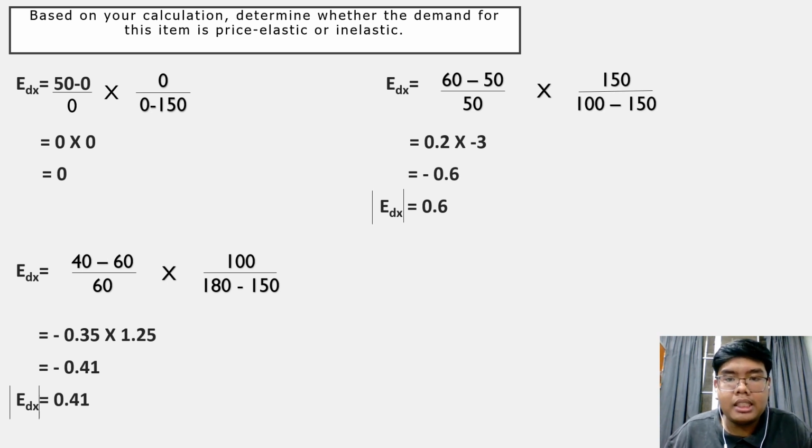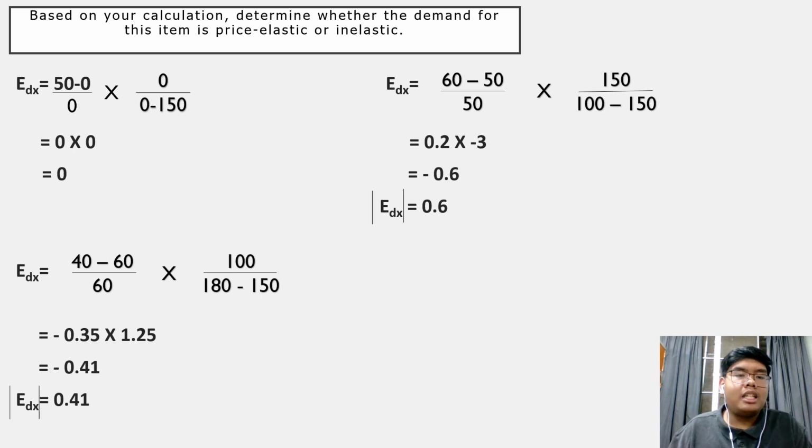Next is $60 minus $50 divided by 50 times 150 divided by 100 minus 150. You will get the answer negative 0.6. But the answer shouldn't be negative, so you have to take the modulus to get the positive answer. So the answer will be 0.6.